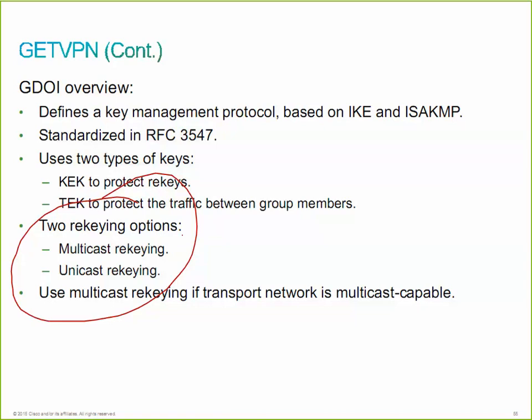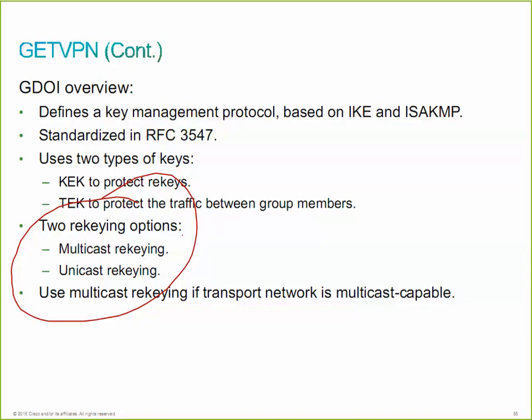All right. When we're using unicast rekeying methods, a unicast group member receives the rekey message from the key server, and then the group member sends an encrypted acknowledgement message back to the key server saying basically that the keys are received and that we're able to apply these new session keys to the IPSec SAs that we have established.